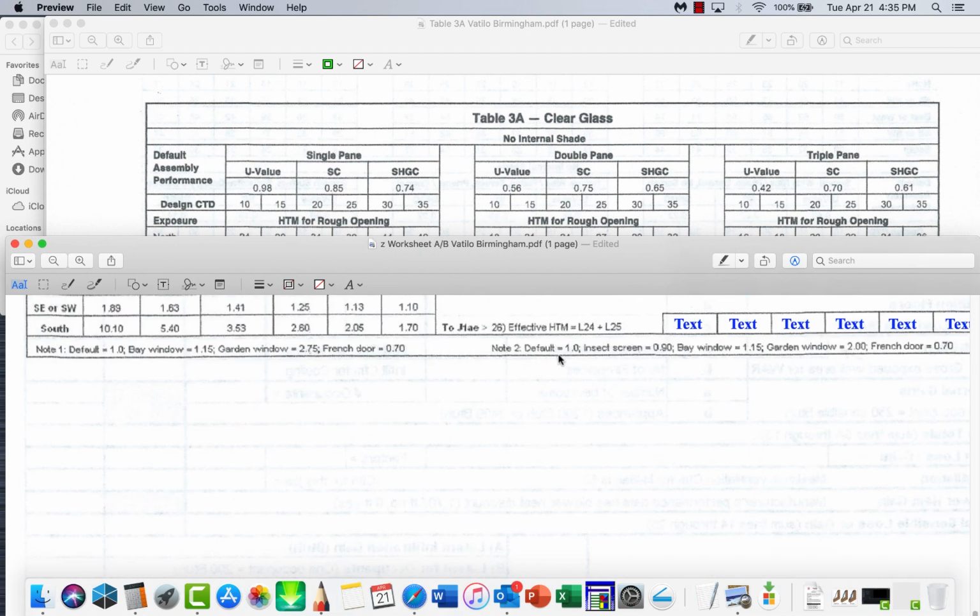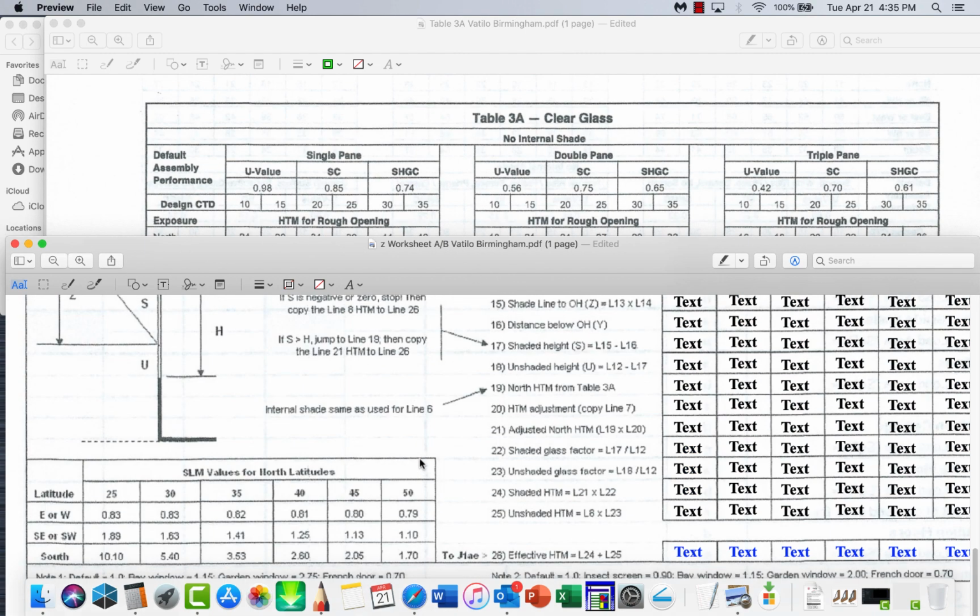So default is 1.0, an insect screen, bug screen, is 0.90, bay window 1.15, garden window 2.0, French door. Well, ours was just fixed with a sash. There's no type of bug screen, nothing like that, storm windows some people call them. So we're going to be default again, so 1.0.